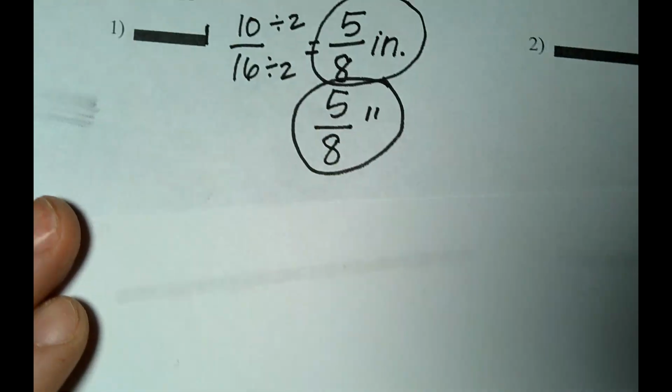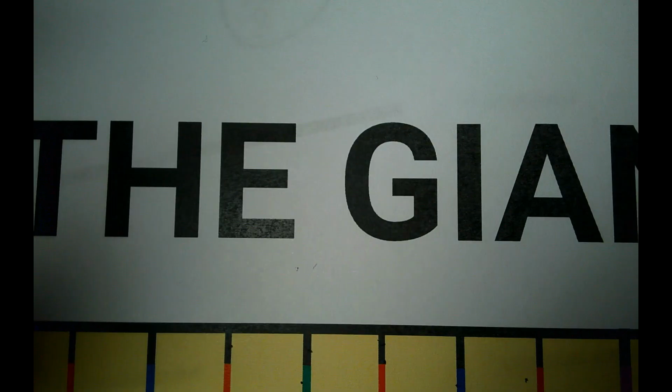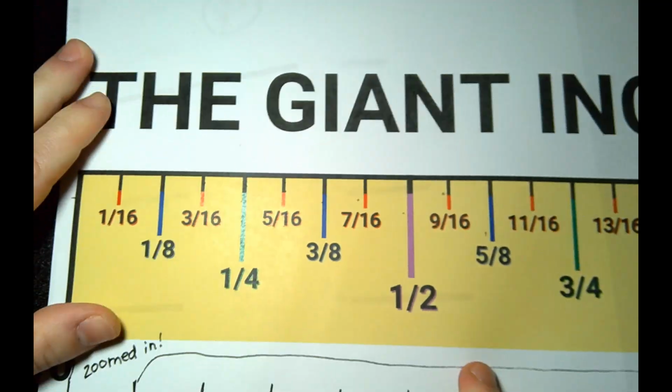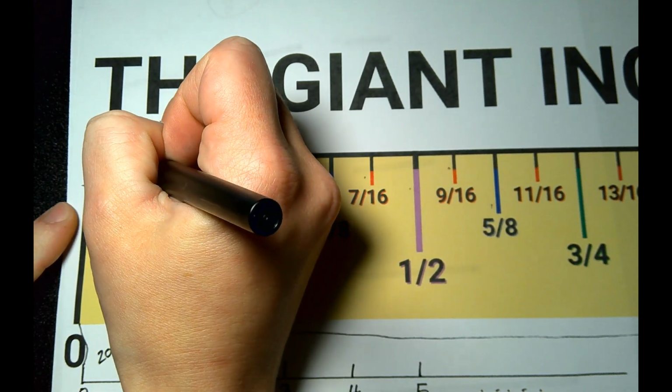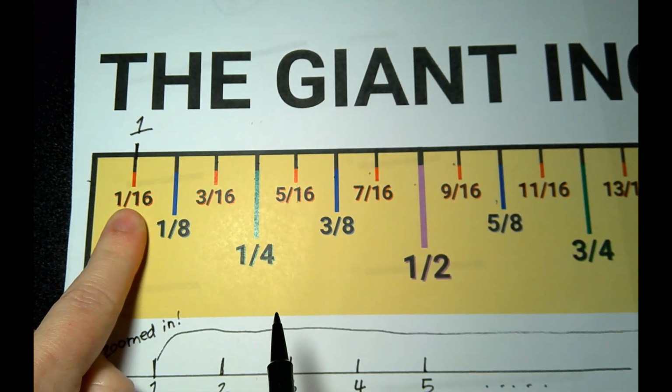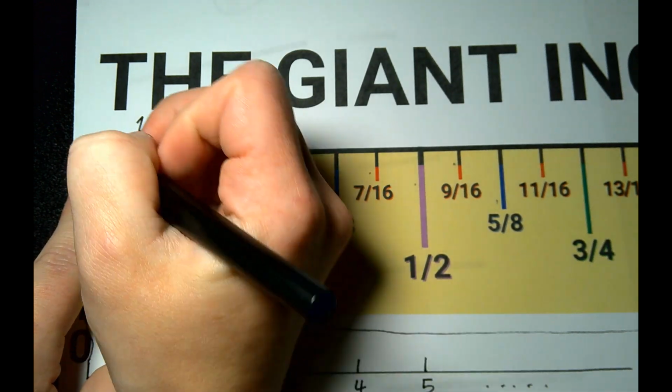And that might be a good thing to write on your giant inch paper. Here's what we can say. This is 1. This is 0. We don't count this as 1.